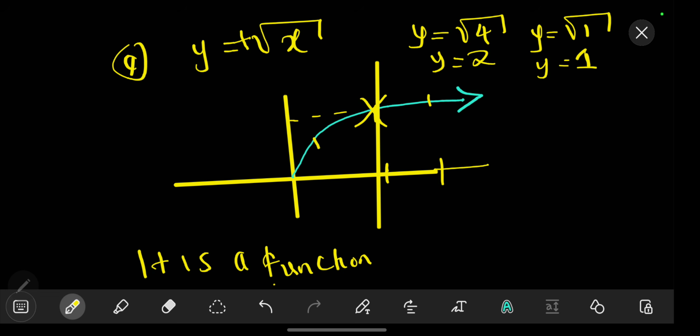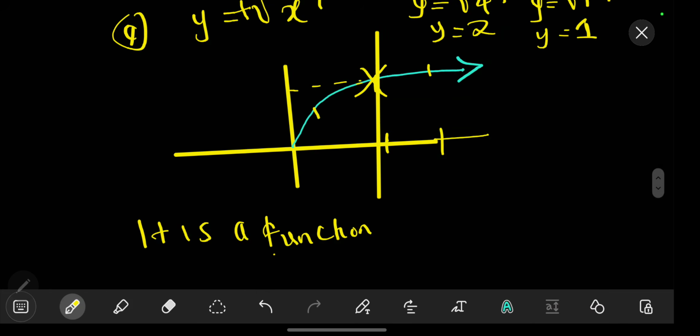So you can say this one is a function, because let's say x is equal to 9 corresponds with y is equal to 3. So it's okay.